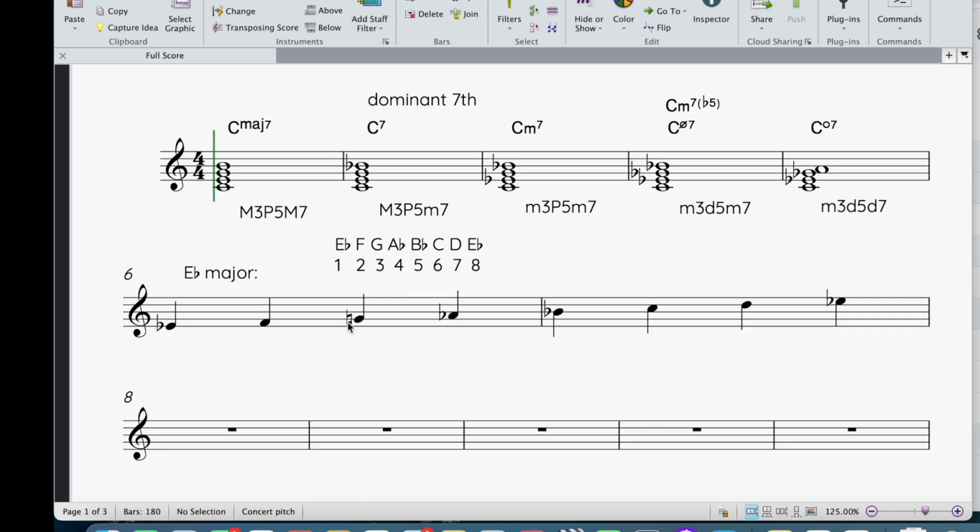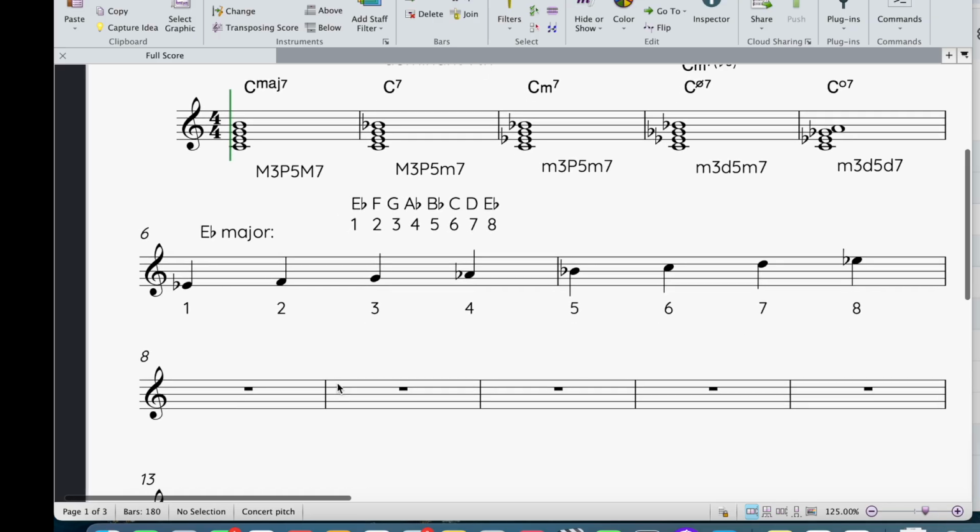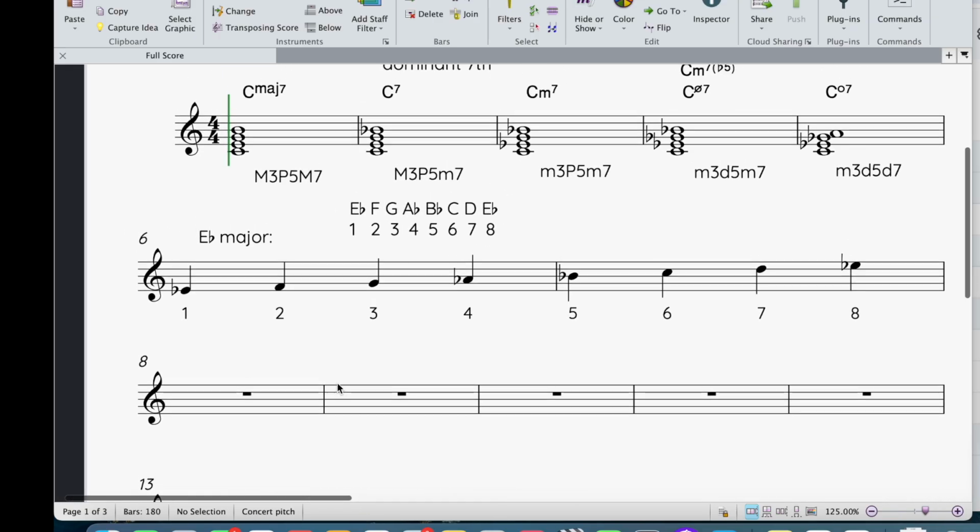My software program here has put a natural sign in. I'm just going to hide that. It's only because I was having diminished fifths up here. So anyway, there we go. And I'll number them as well. So 1, 2, 3, 4, 5, 6, 7, 8. So I'm using the scale, as you can see. It's going to be a reference.